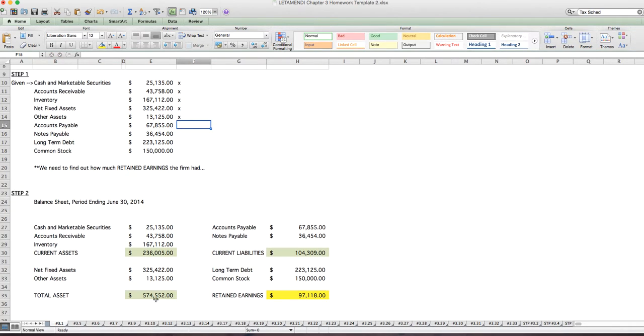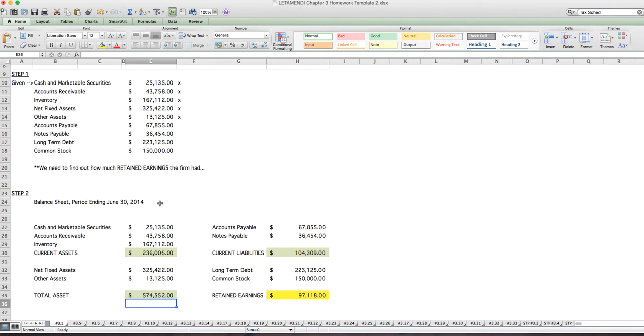So now we have enough to determine total assets, and total assets is going to be the current assets plus these two assets, right? So we can do it one by one, which I did here. I just did equals current assets plus net fixed assets plus other assets, and then press enter, and then you get that response.